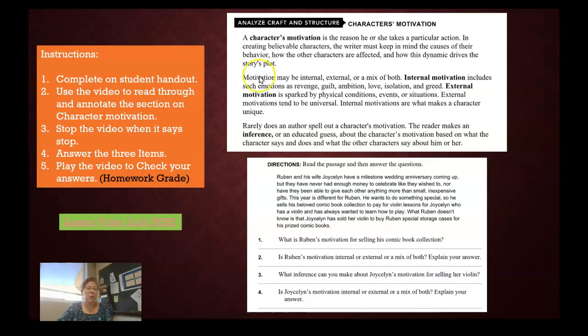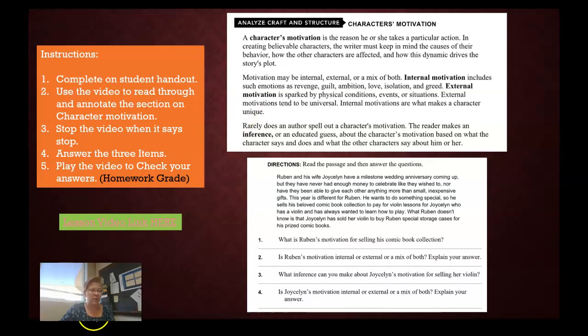We're going to look at what the character does and says, and then use our background knowledge of how people behave to make an educated guess of the character's motivation.